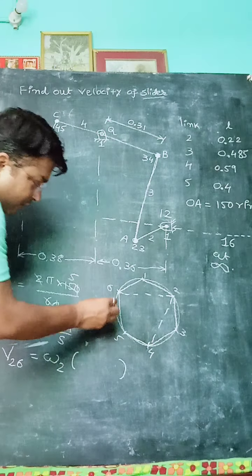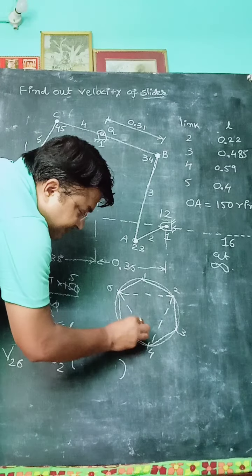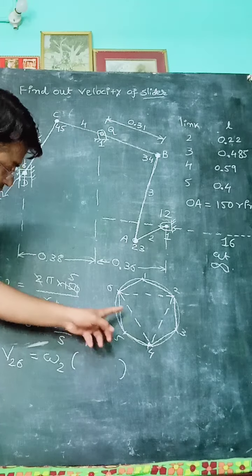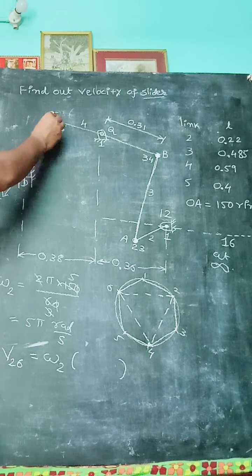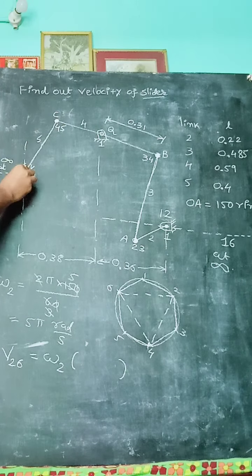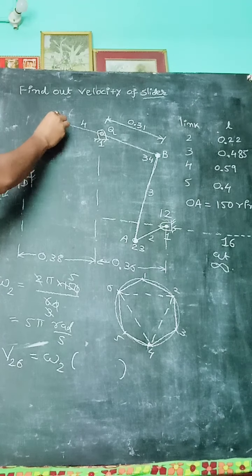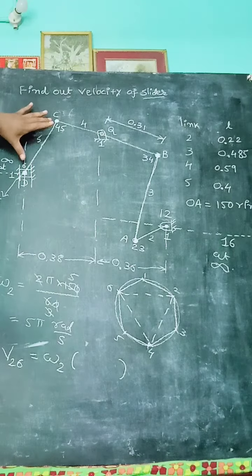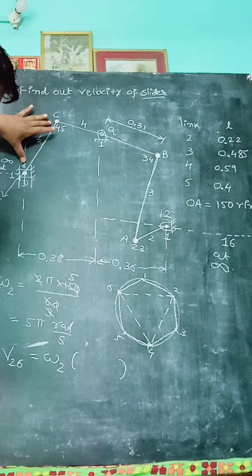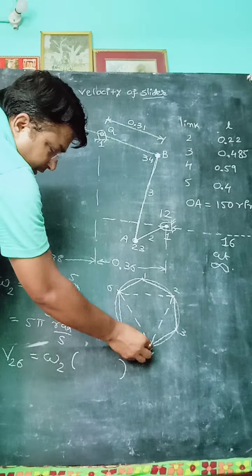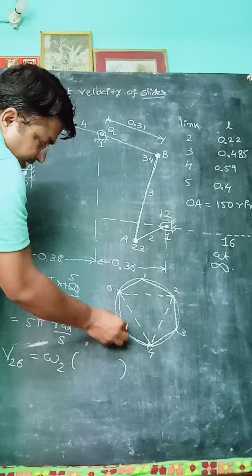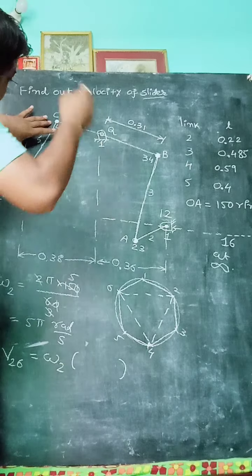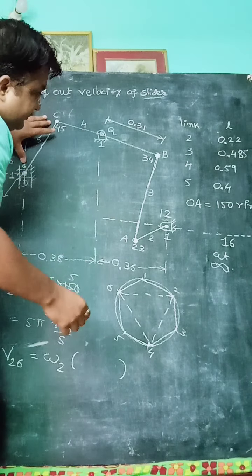Now let us go for 4 6. So 4 6, 4 5, 5 6. Where is 4 5? This point is 5 6. So 4 5 and 5 6, this line, 4 5 and 5 6, infinite location.